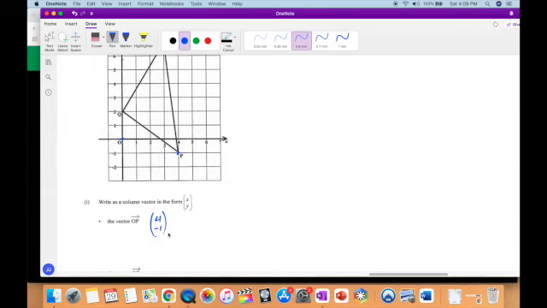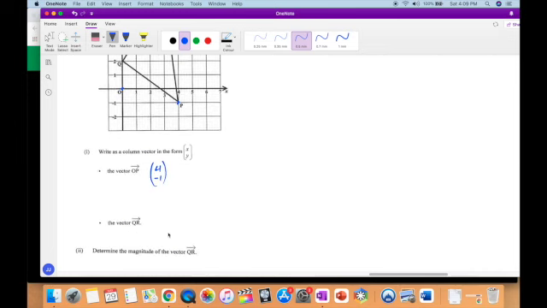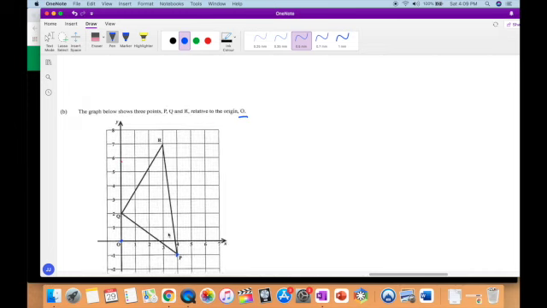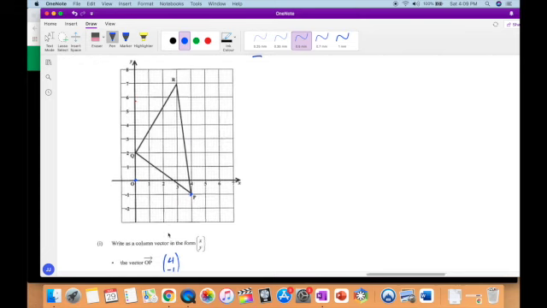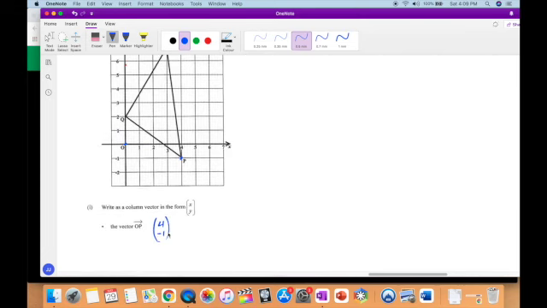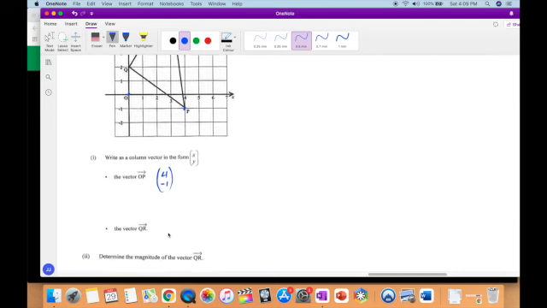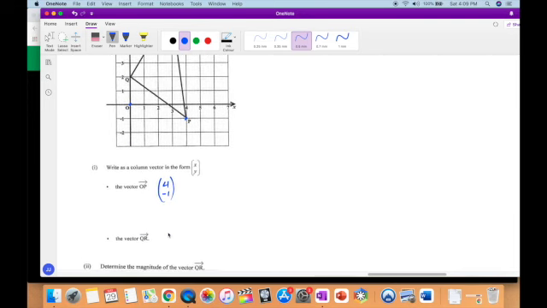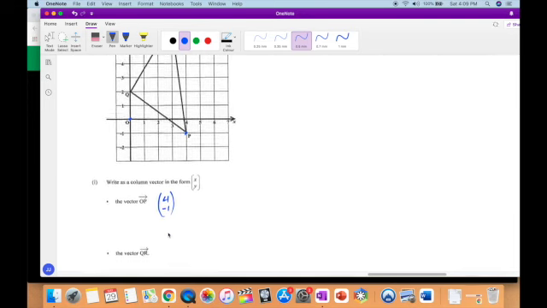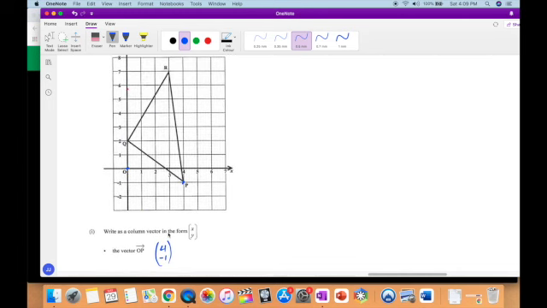OP. Shazay, did you do this one? Yes, sir. All right. So QR, and this is probably more like the kind of question that you might get. QR is not a position vector at all, but QR goes from here to here.